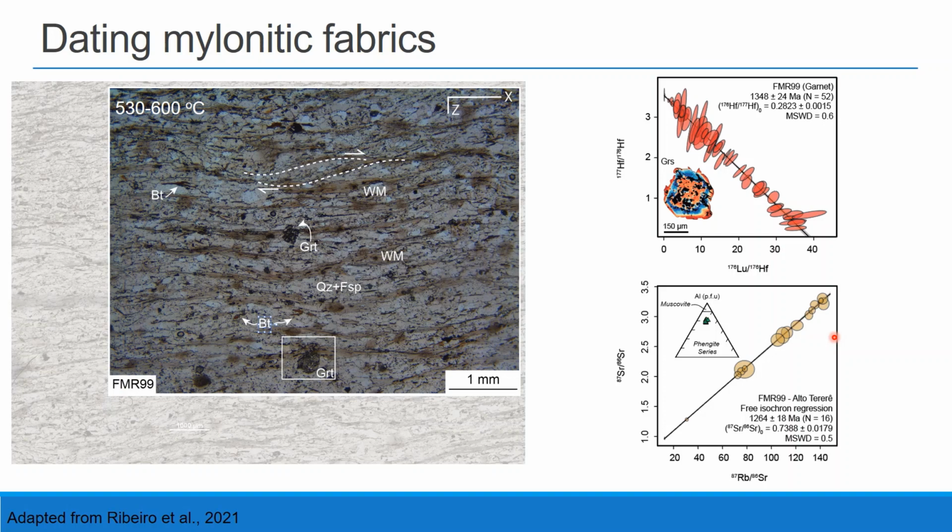And we get very different ages. Well, not very different, but significantly different. In the garnet, we get 1348 plus minus 24 million years. It's a very complex garnet. There are a lot of processes happening here, but the ages are pretty much coming from the core of the garnets. And the micas that we have here are not actually muscovite, they are phengites.